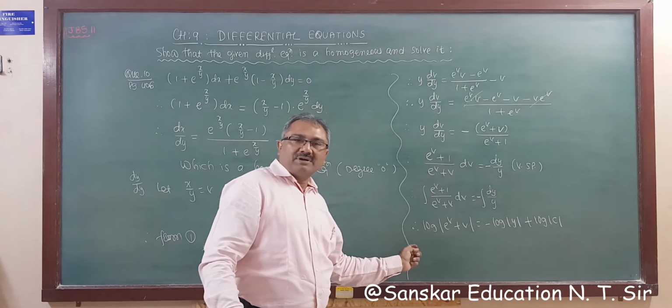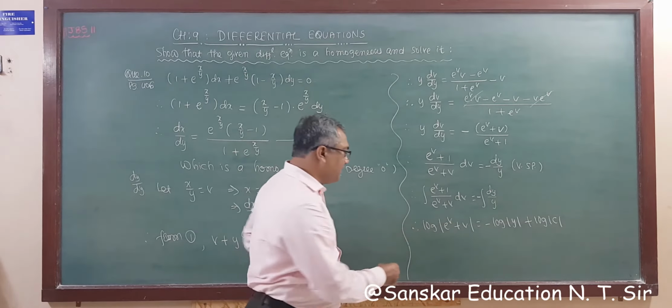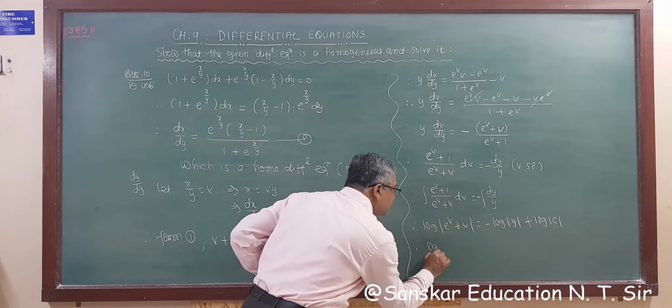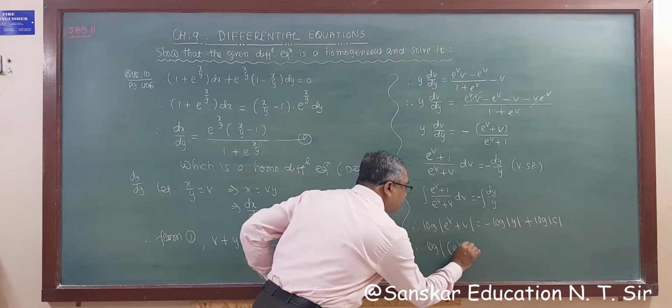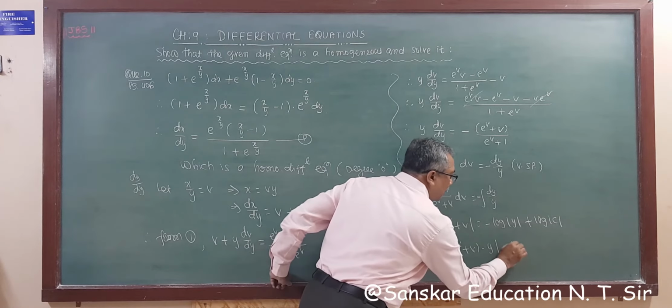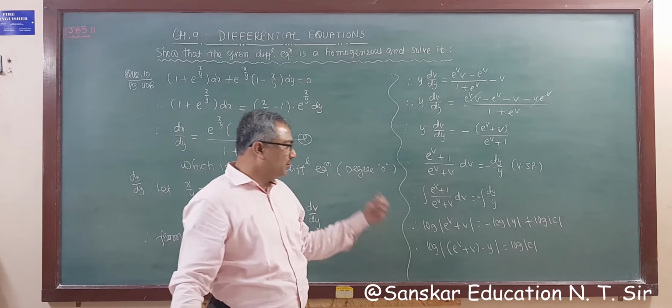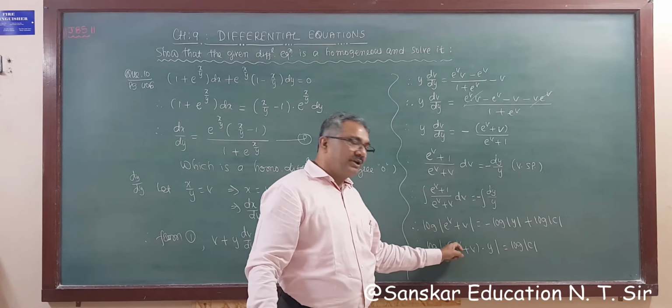Taking these two to the left hand side, it becomes plus, and log a plus log b is log ab, so I am writing directly. So this is log (e^v plus v) into y is equal to log mod c.